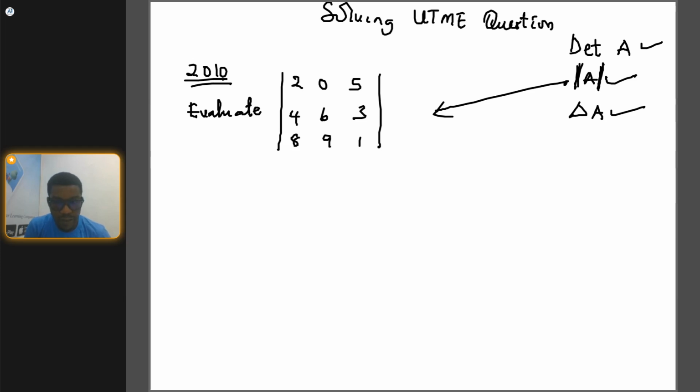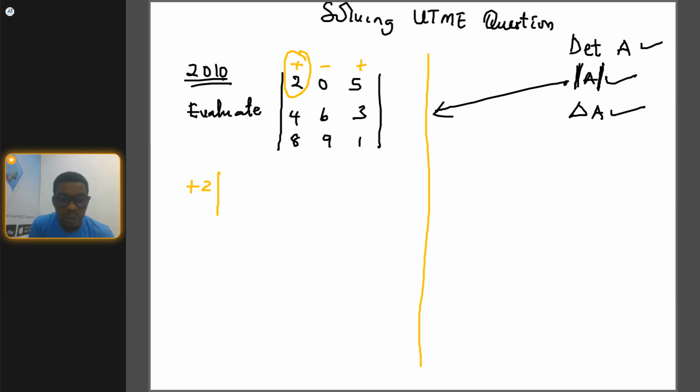And how will I do that? We are going to do that together. First thing to do is to give the signs to your matrix: plus, minus, plus. You always give it to the first row of the matrix. Now, what do we do next? You pick this and the sign together and say plus 2. Open another matrix.